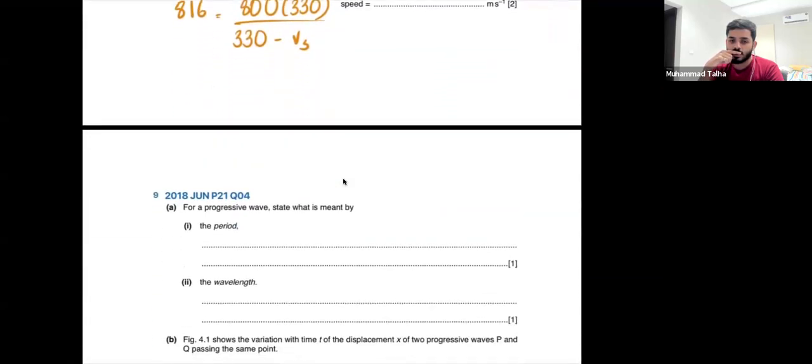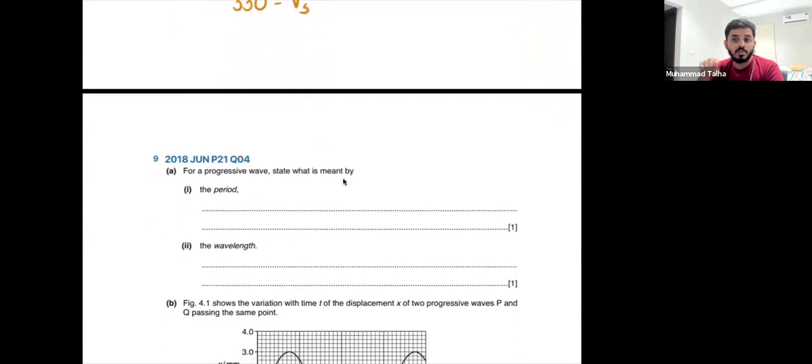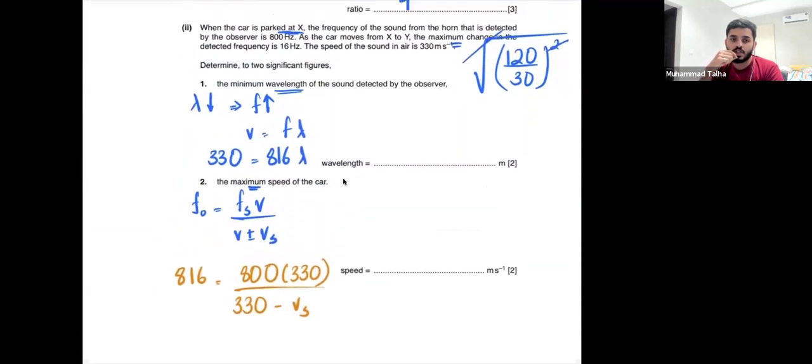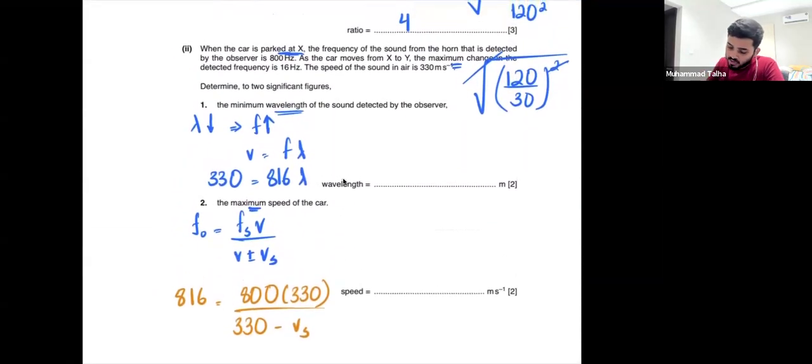All right. This is also something really important. I've talked about this in the video, that you need to know how to define these terms such as period, wavelength, frequency. Look, for the last part, what I just did is, if I need the max speed of the car, I've taken the idea that the car is moving towards the observer, right? So you know that the frequency would be greater by this value.